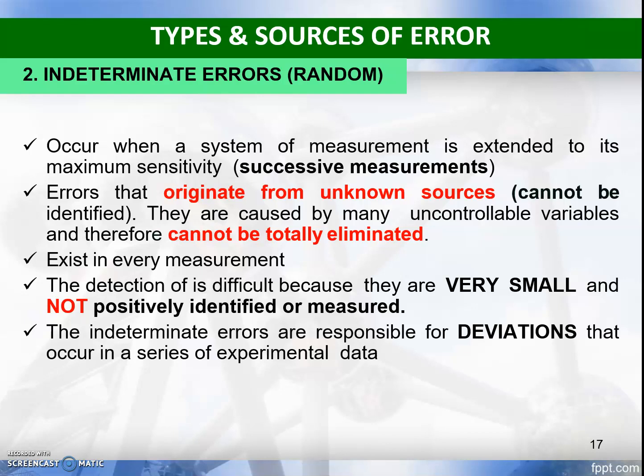But when you take the mass of the sample, the reading might not be stable, or the error might come from the environment or vibration, and we cannot identify it. We do not know where the source comes from, so it is difficult to correct this kind of error.